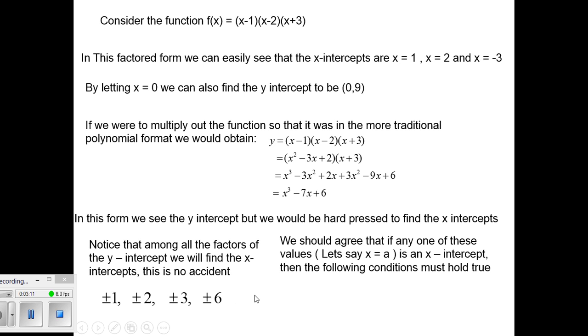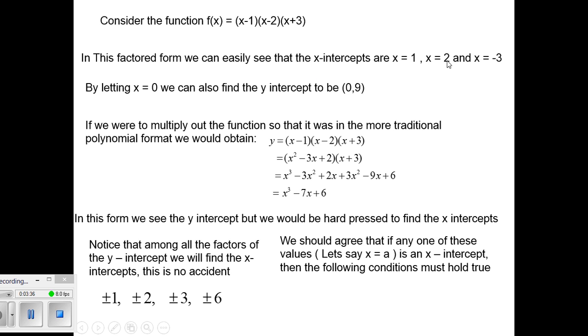And if we have one, then we can find the others. So as I said here, notice that among all the factors of the y-intercept in this expanded expression, we will find the x-intercepts, and this is by no accident. We should agree that if there's an x-intercept of 1, then there's a factor of x minus 1.